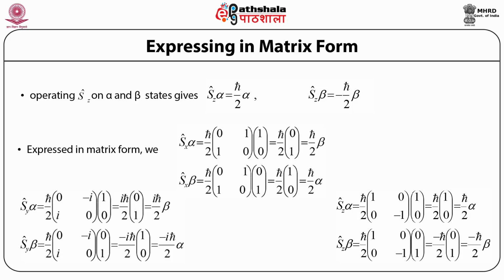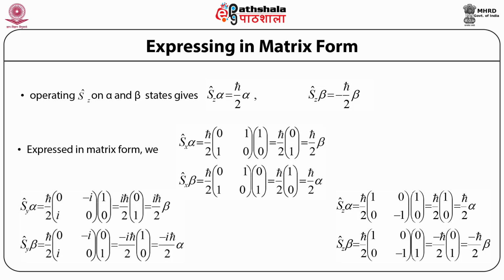Similarly, when the y component of the spin vector operator Sy acts on eigenstate beta, that is the spin down state, it gives the value h cross by 2 times the 2 cross 2 matrix 0 minus iota, iota 0, times the column matrix 0 1, and this is equal to minus iota times h cross by 2 times the column matrix 1 0, which is minus iota times h cross by 2 alpha.